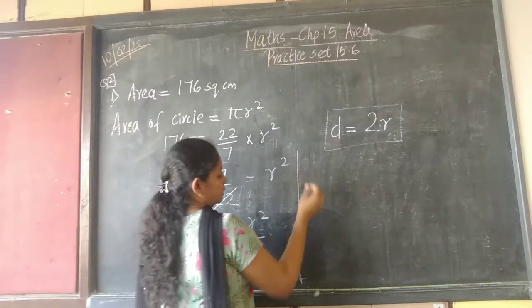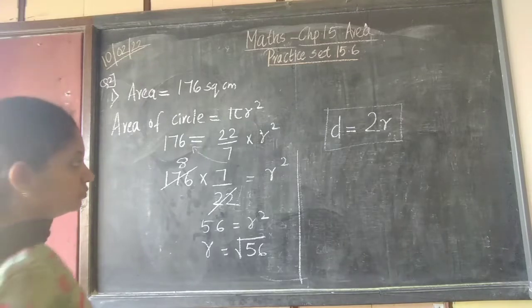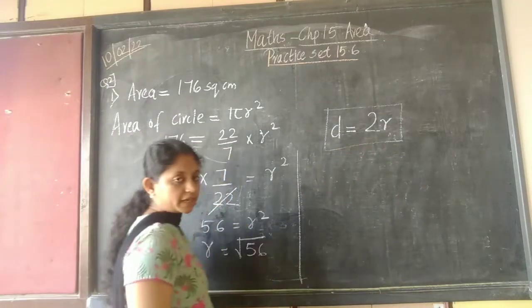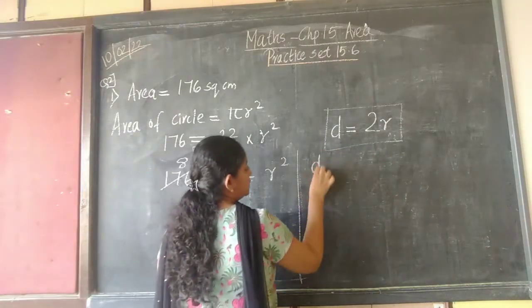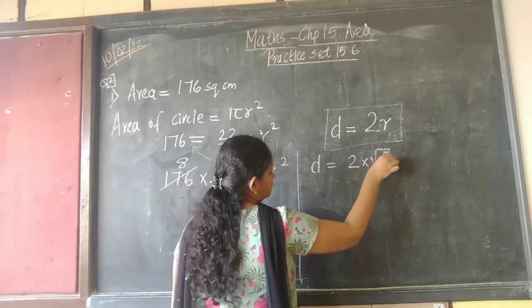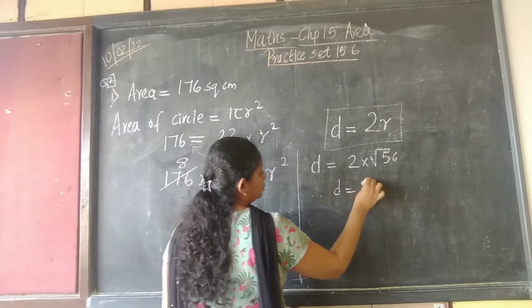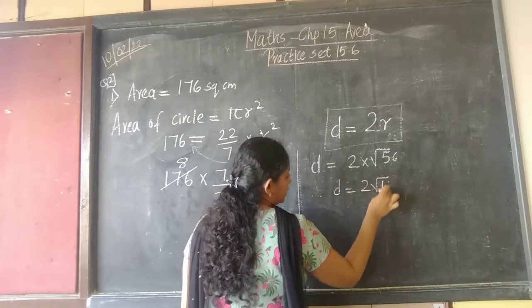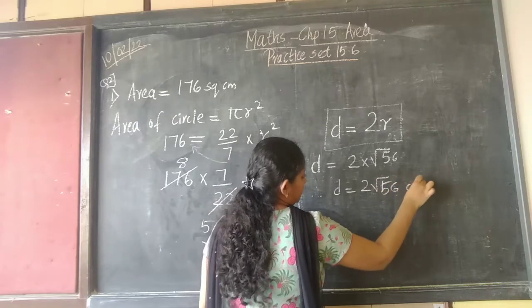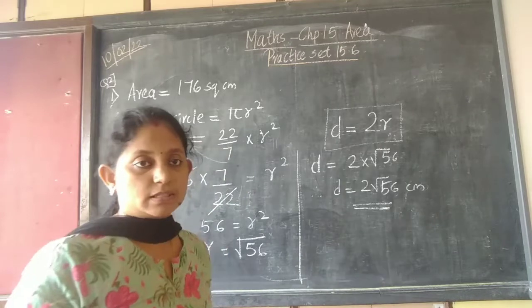Diameter is nothing but D is equal to 2 times r. So D is equal to 2 into root 56. Therefore diameter is equal to 2 root 56 centimeter. This is your answer.